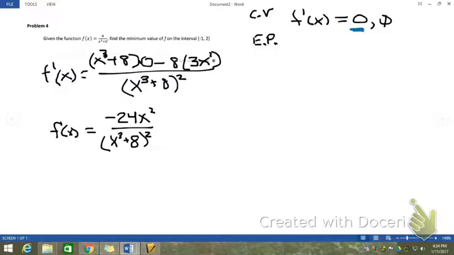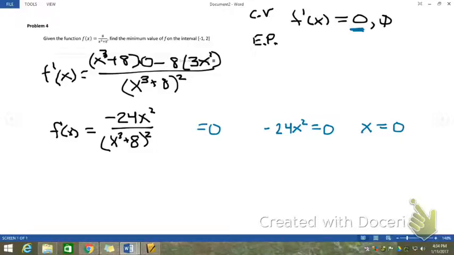So if I want this to be 0, then that means I really need the negative 24x squared to be 0, which really means that I'm going to want x to be 0. And so that's a critical value.